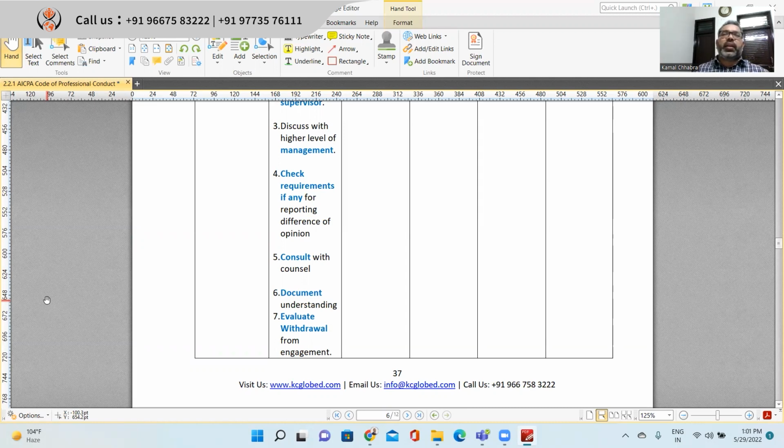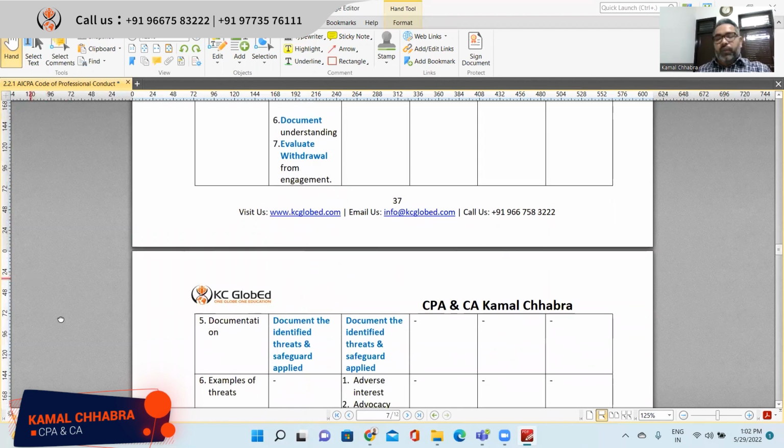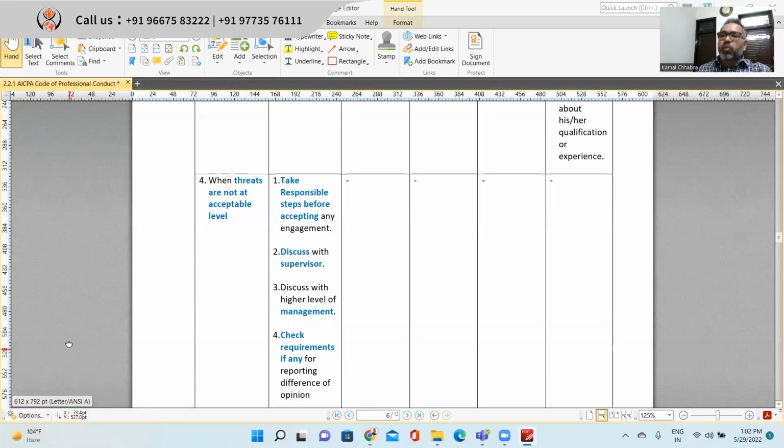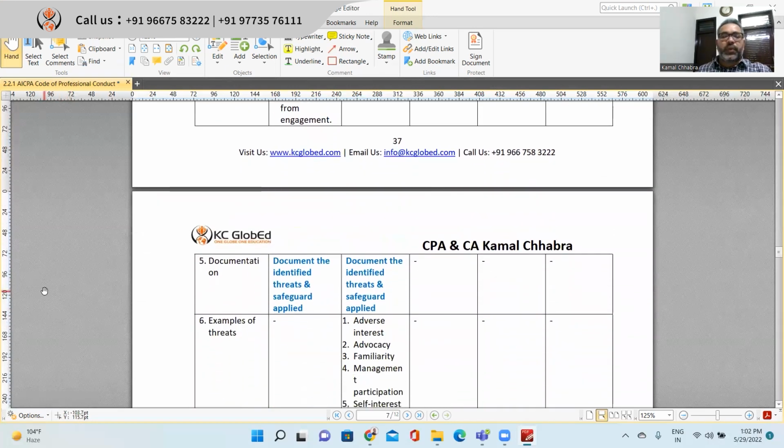This is completely your own individual decision, or as a group together if you are in a joint audit. So these are certain threats about when to accept the engagement or when not to accept it, and you need to consider certain rules to accept or not accept that engagement, right?